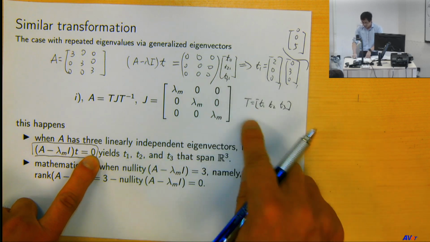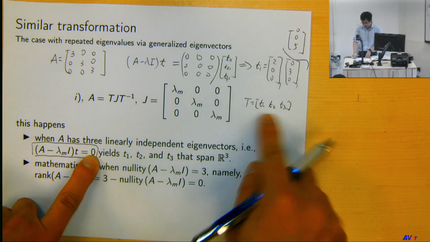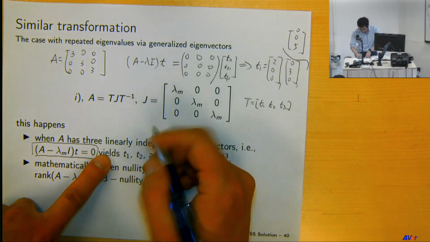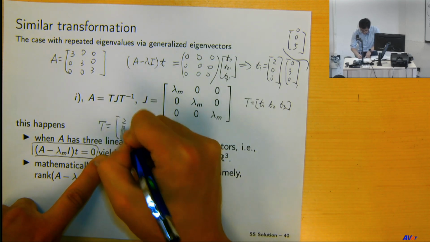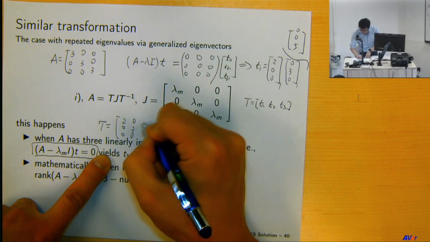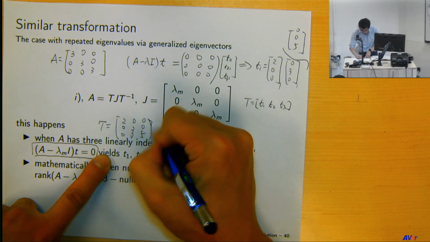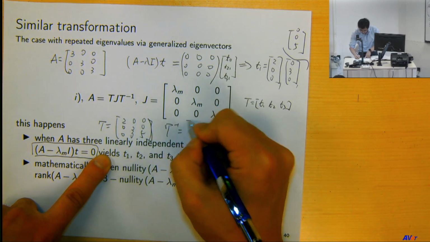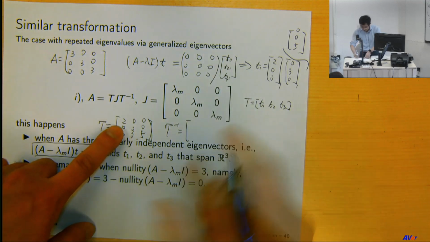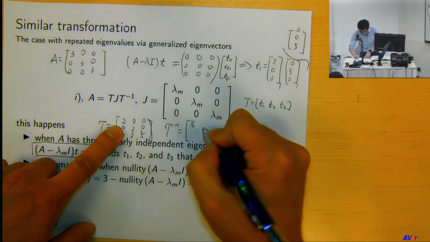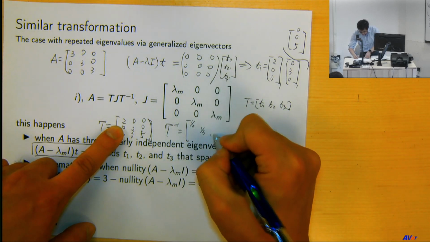So if you put T equal to T1, T2, T3, stack them up together, you're going to get T equal to 2, 0, 0, 0, 3, 0, 0, 0, 5, and then T inverse. T inverse is going to be equal to, this is a diagonal matrix, so its inverse is 1/2, 1/3, 1/5.